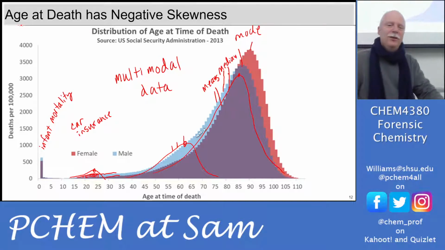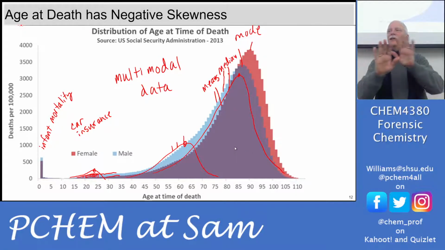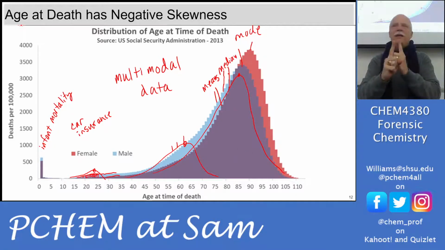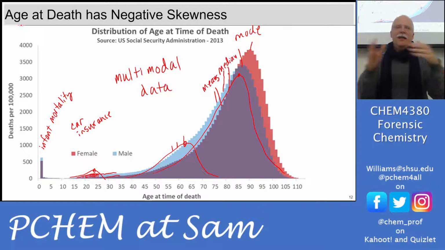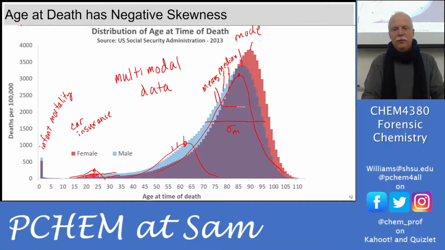Okay, so what do we mean by statistically significant? If we did a t-test on the means of these two histograms, we would get the pooled standard deviation, the standard deviation for the men, the standard deviation for the women. Standard deviation would be like the width of this distribution. So that would be sigma male, and then the red one would be sigma female.